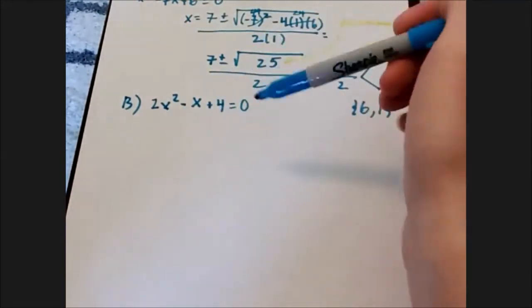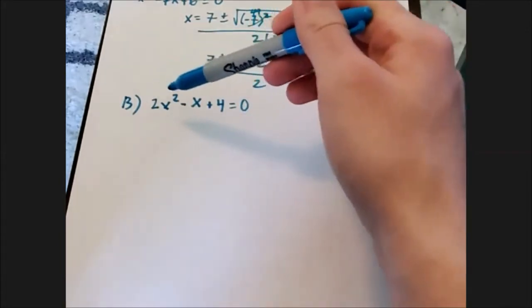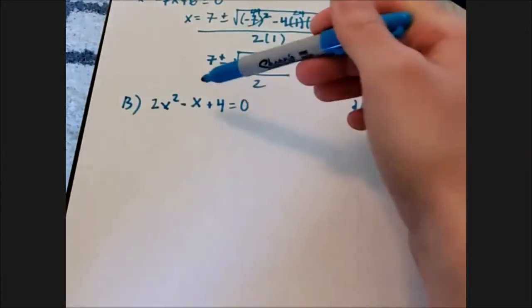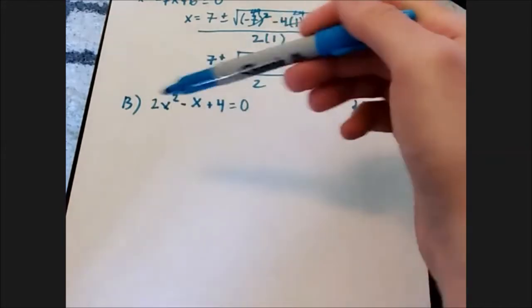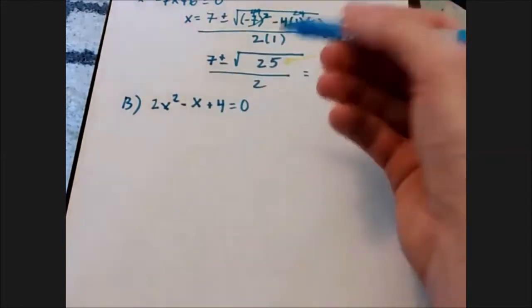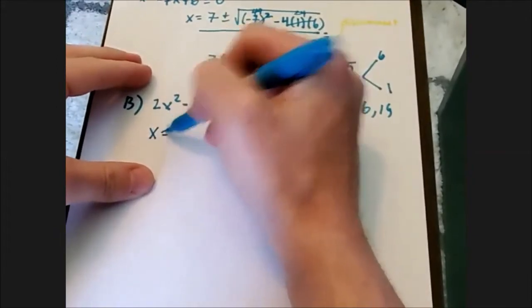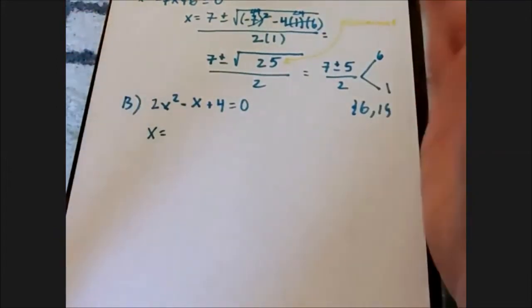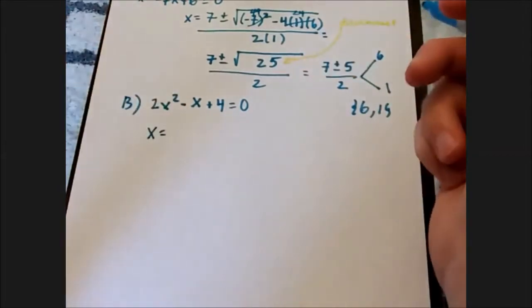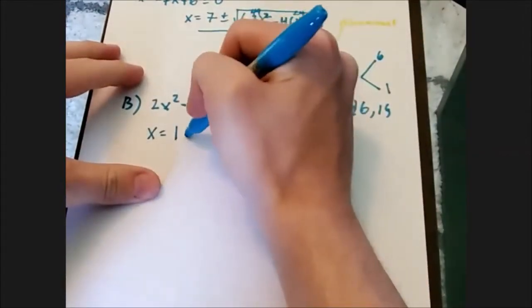You could complete the square. You could half all of these numbers and then move that over and fill in the gap. That's perfectly acceptable. Or you could just use the quadratic formula, which is exactly what we're going to do here. So let's start off. We have x equals negative b. Please be advised that b is -1 here. So we're going to start off with a positive 1.